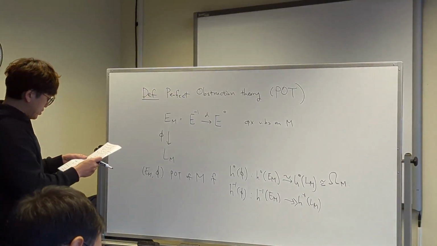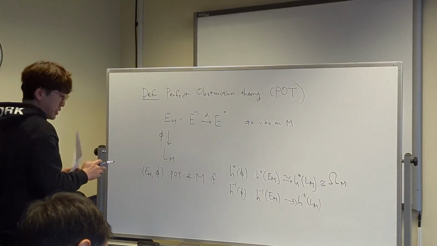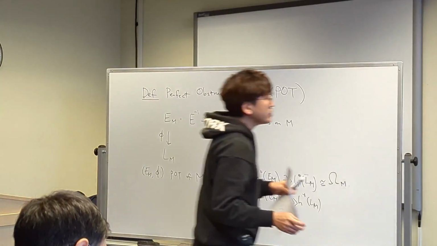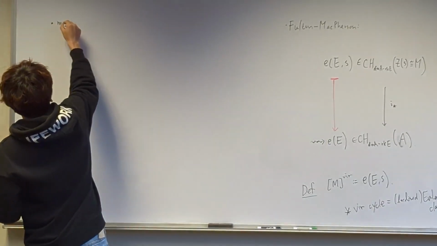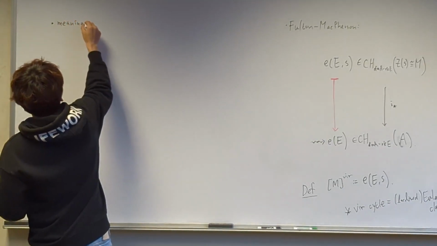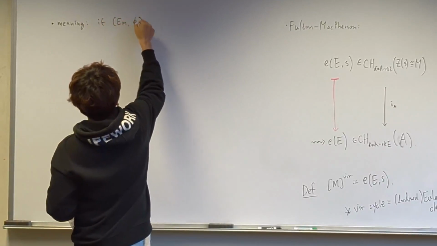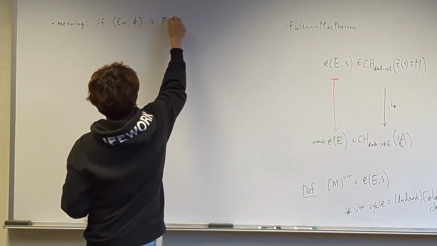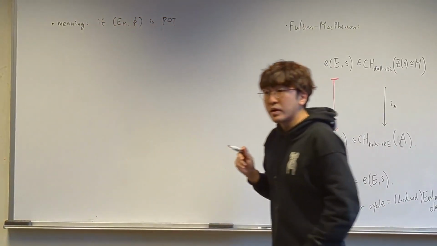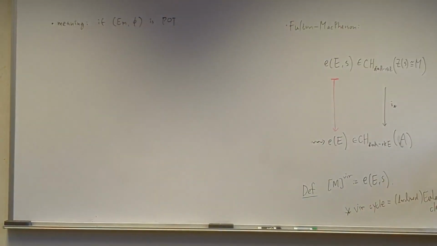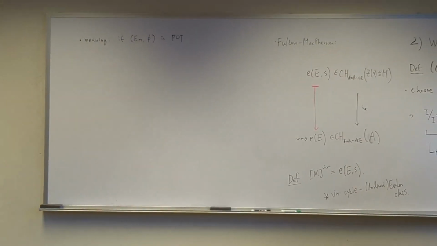Then what's good of this perfect obstruction theory is... So the normal part, the I mod I square, is in degree minus 1? Yes, minus.